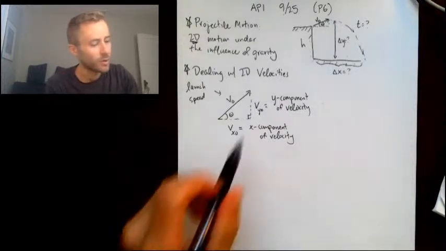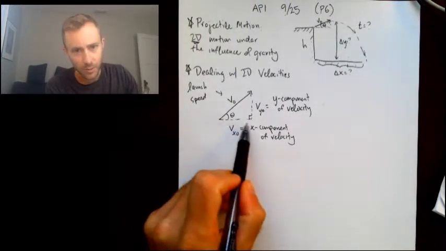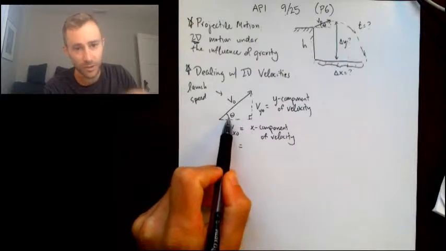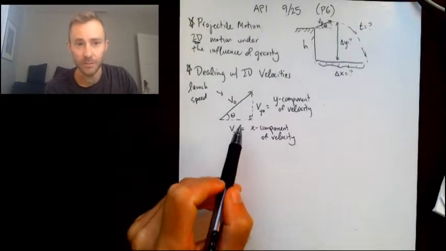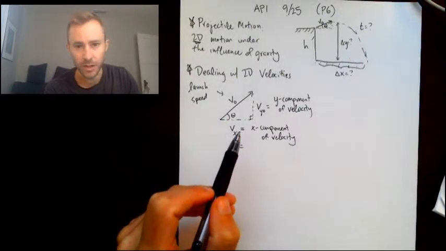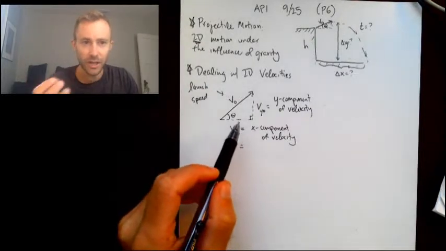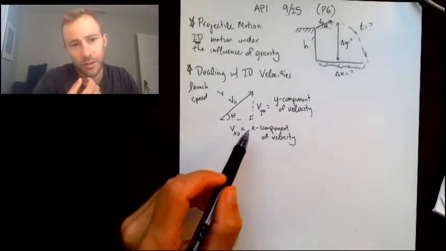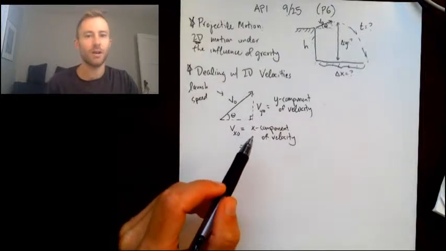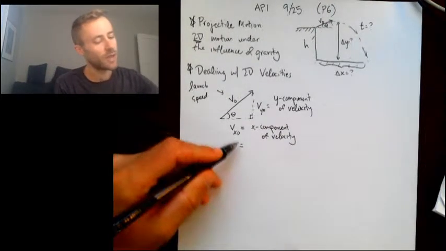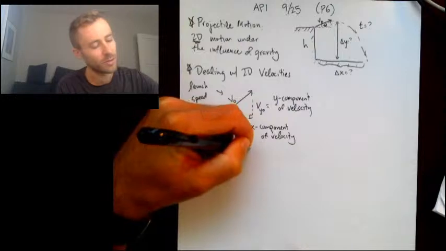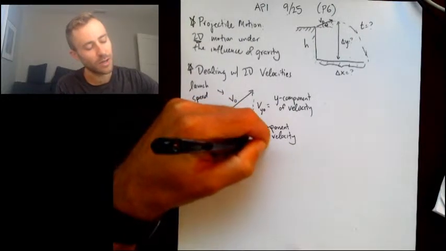If we look at the horizontal leg here, it is right next to the angle. It's adjacent to the angle. If you remember your trigonometry, the trig function with adjacent in it is cosine. Cosine is adjacent over hypotenuse. So the formula for the x component of the velocity is v naught cosine of theta.